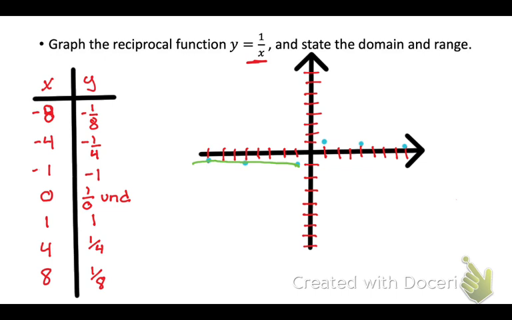No, because an x-intercept is where y is 0, right? If I make 0 equals 1 over x, I'd multiply by x and get 0 equals 1. Does 0 equal 1? No. So there is no x-intercept.